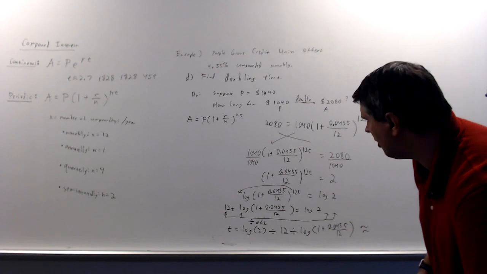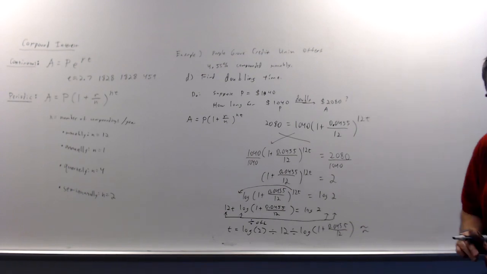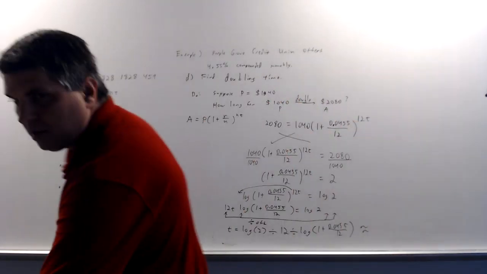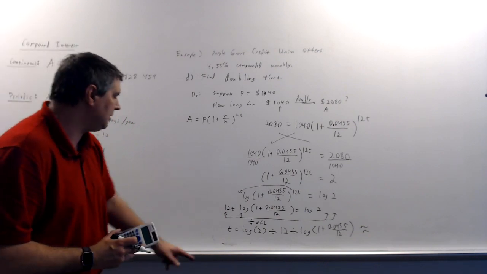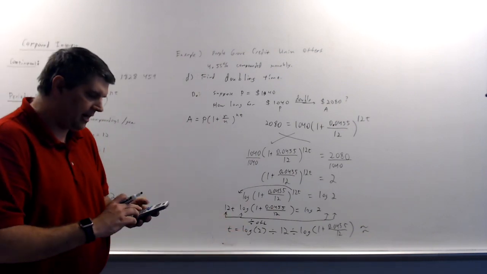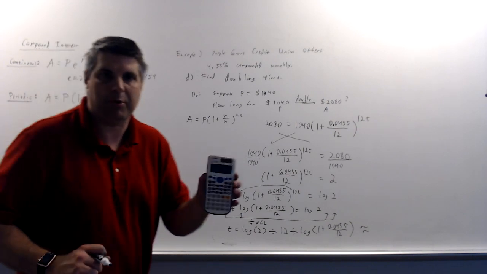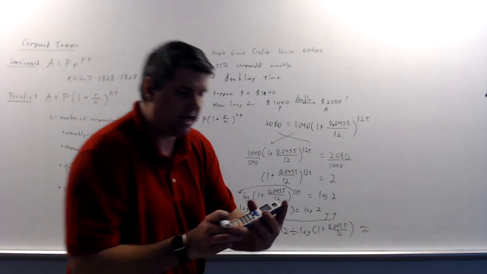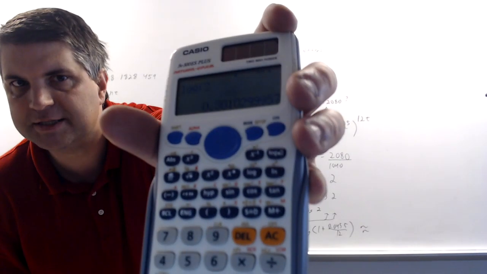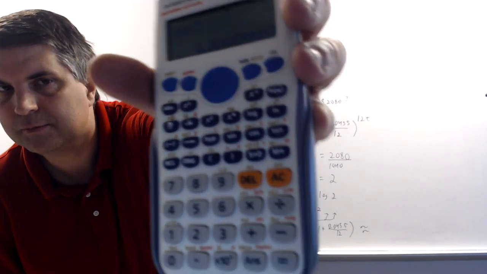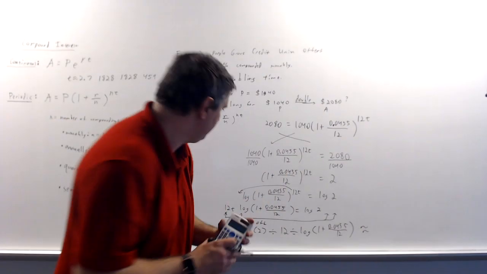Okay, so what I'm going to do, common log of 2, hit enter or equal. I'm looking at, for just this part, 0.301 something. Okay?